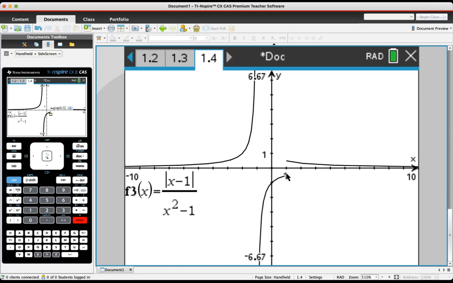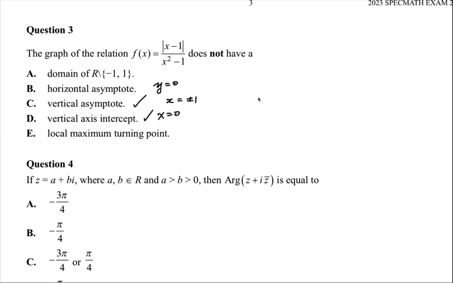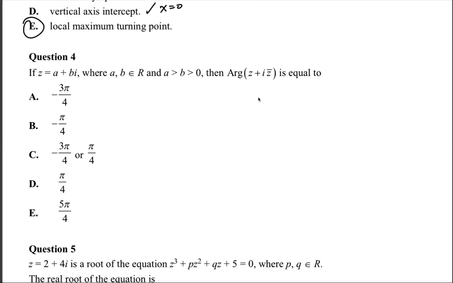It's definitely not a turning point or local maximum because you can see it has some sort of feature like a reflecting this part around. So option E should be our intended answer. Okay, that's E. All right.